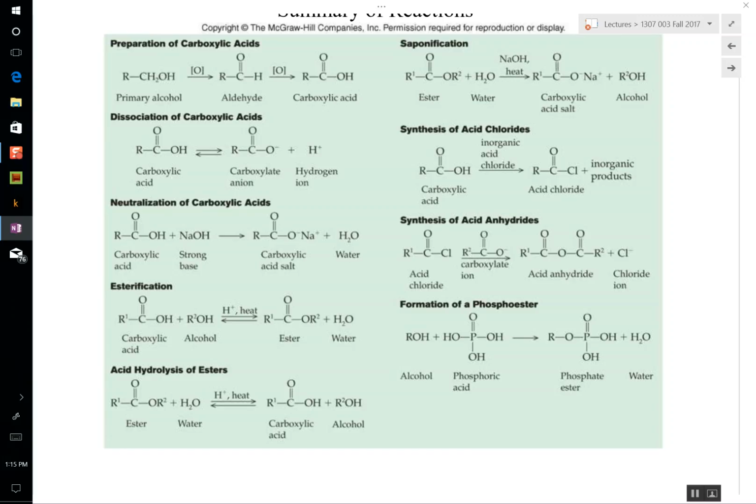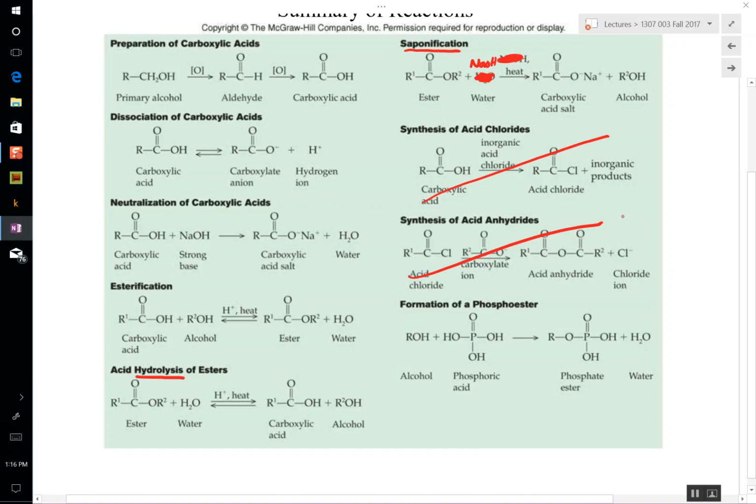Hydrolysis, ester plus water forms a carboxylic acid. Saponification, the ester plus sodium hydroxide forms the salt plus an alcohol. Formation of a phosphate ester, an alcohol plus phosphoric acid gets you the phosphate ester.